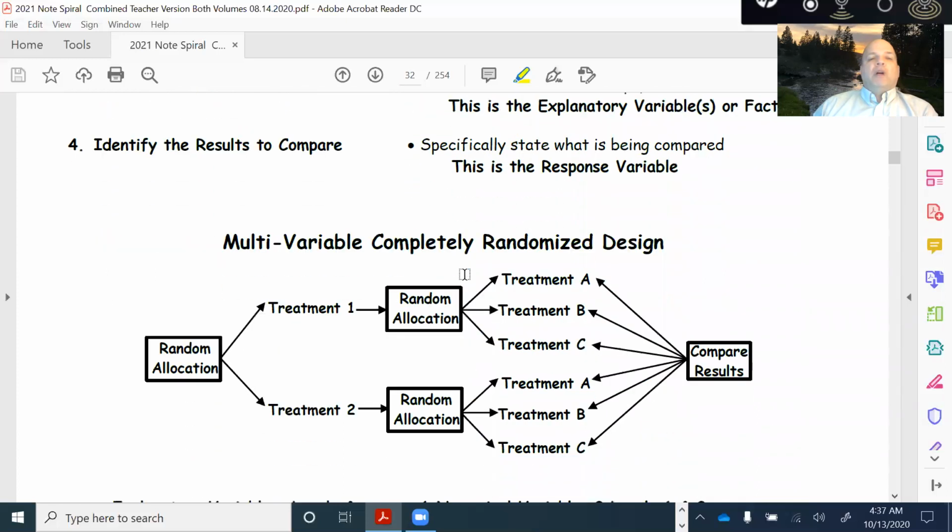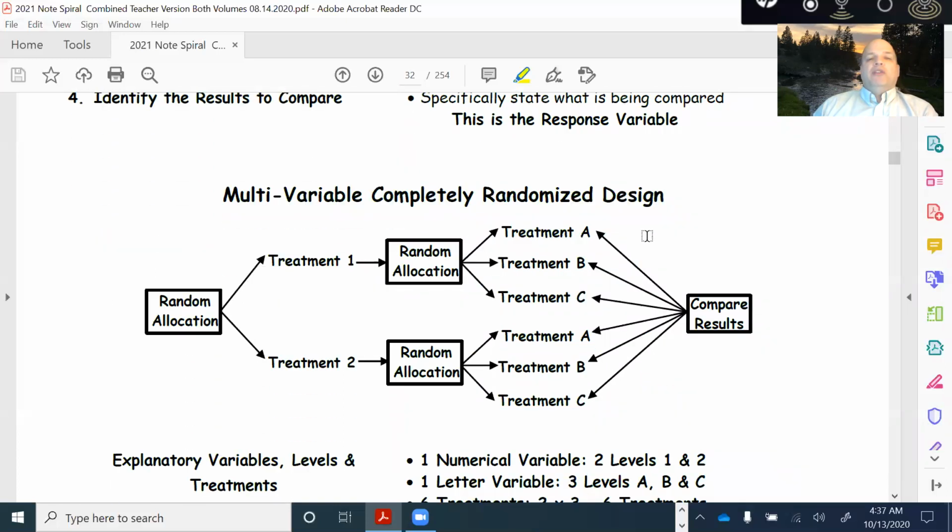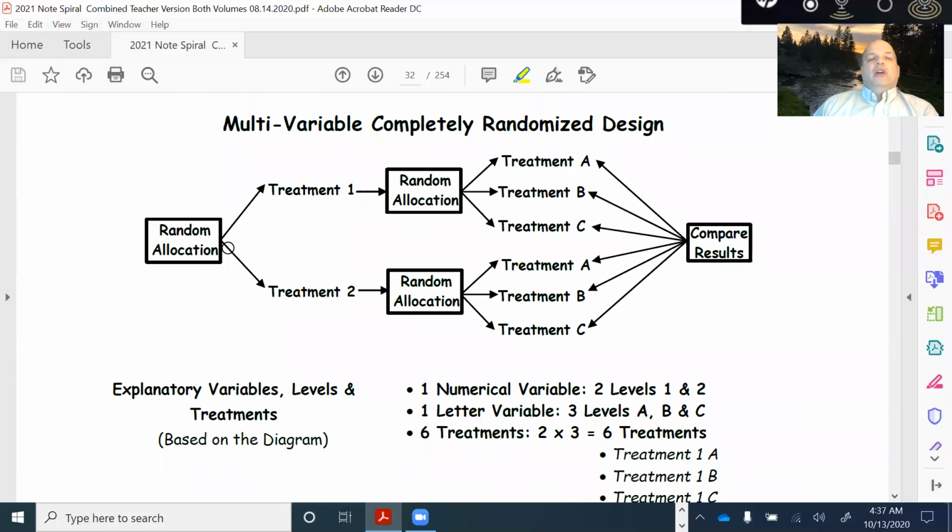Scrolling down, we have a more complex, a multivariable randomized design. Notice here we're randomizing on two different locations, one's here, one's there, and that is because we have two explanatory variables in this case. We have a treatment 1 and treatment 2, then we have a treatment A, B, and C. So treatment 1 and 2 could be an exercise program. I'm randomly assigning someone to exercise 30 minutes a day, and treatment 2 could be randomly assigning them not to exercise.